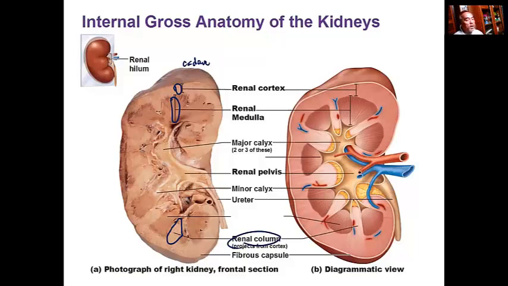And then we have the minor calyx opening from the medullary papilla or renal papilla to the minor calyx, and it connects to the major calyx, and renal pelvis, and then goes down to the ureter.